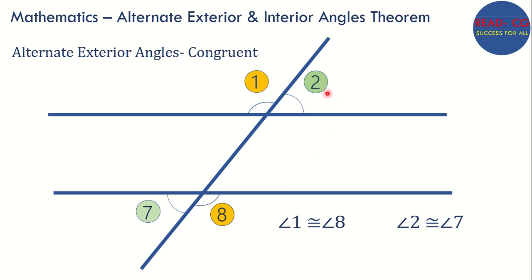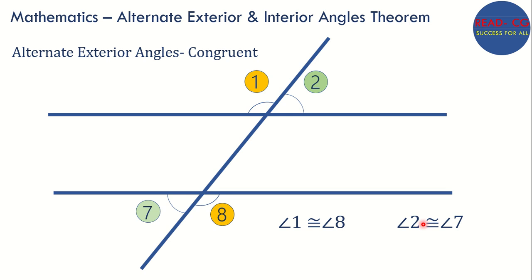Similarly, alternate exterior angle 2 and alternate exterior angle 7, these two angles are congruent to each other.